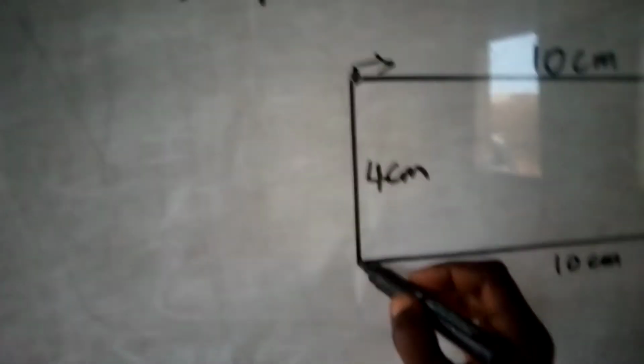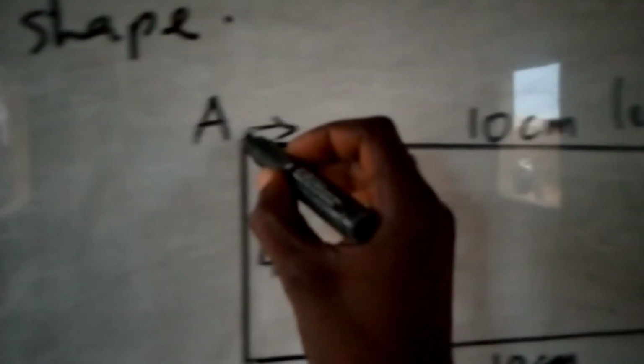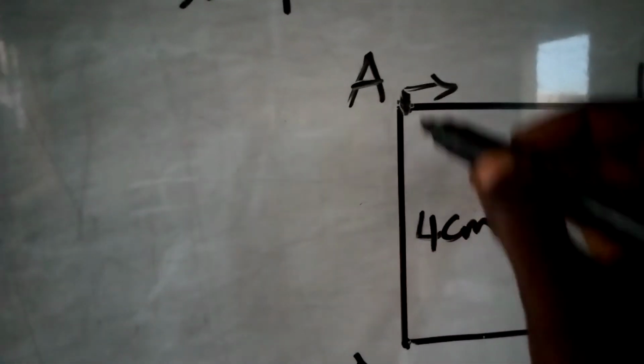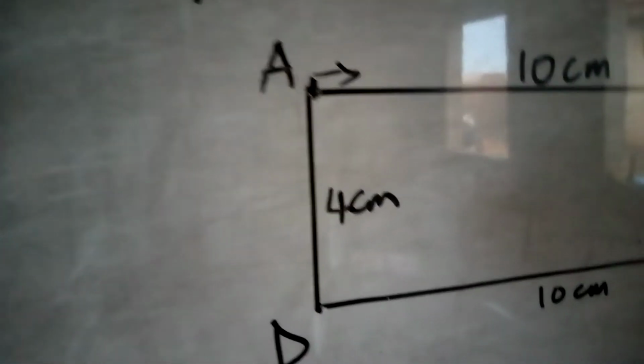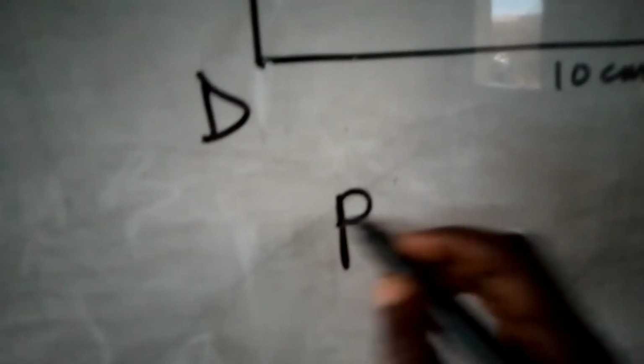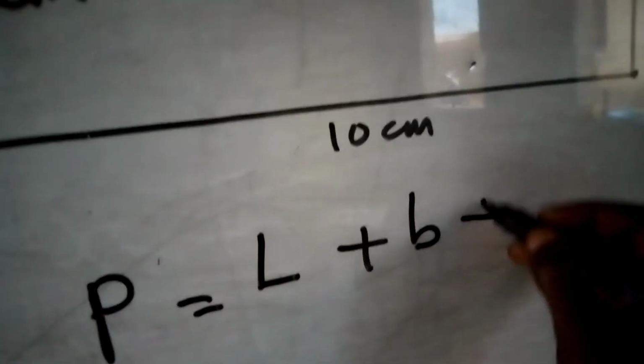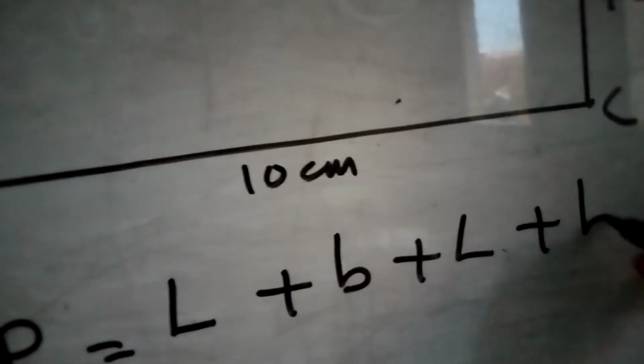So if I decide to label them as A, B, C, D, that means I will start my journey from A, I'll move up to B, from B I'll move up to C, from C I move to D, and then I go back to the starting point, which is A. That means I must add all the dimensions here. So I will say my perimeter is equal to the length plus the breadth plus the length plus the breadth.